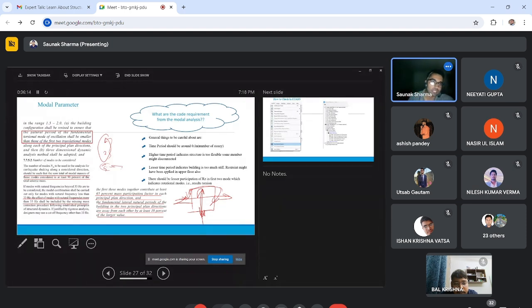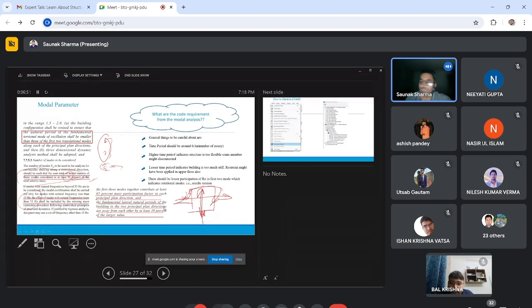This is one criterion. Another criterion is that the total number of modes should be considered in such a way that the sum of all the mass participating modes is at least 90%. Another one is that the time period of the last mode considered for this 90% mass participation should be greater than 0.03 seconds.